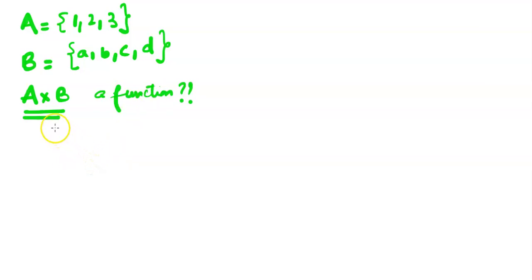So let's remember what the Cartesian product is. Cartesian product means each element of A has a relationship with each element of B.